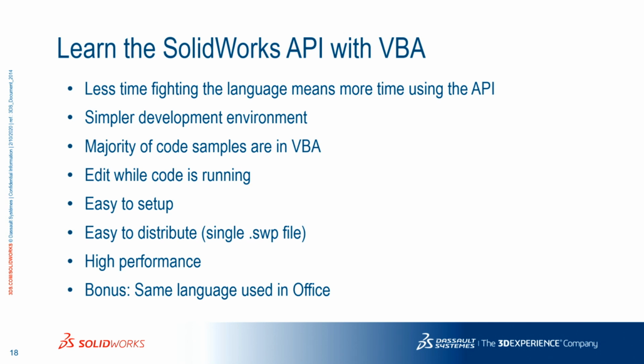Let's say I'm writing a C# add-in. I'm really in the thick of it, and I get to this point where I know I need to use this particular API call, but I'm not really certain how the arguments work. I'd like to create a little sandbox test environment to test that API call out. Well, VBA is perfect for that.